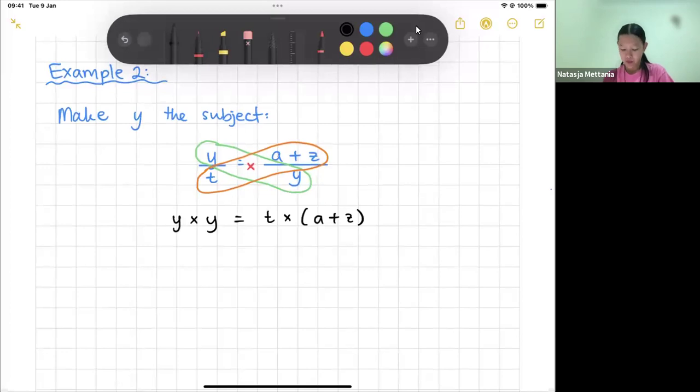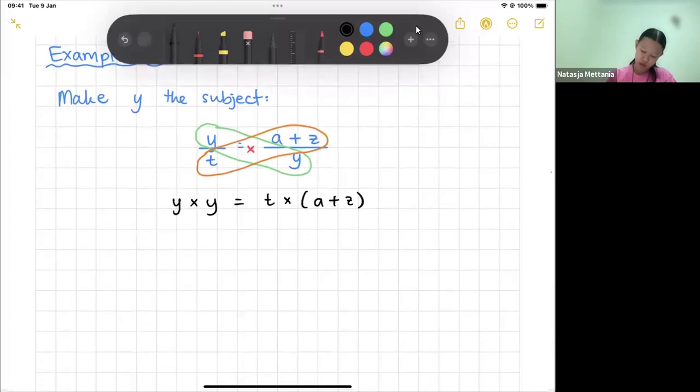Now y times y we can simplify as y squared, equals, on the right-hand side, t times a plus z. It's in brackets, so to remove the brackets I need to use FOIL or these arrows here. t times a gives me ta. t times z is going to give me positive tz. Perfect so far.